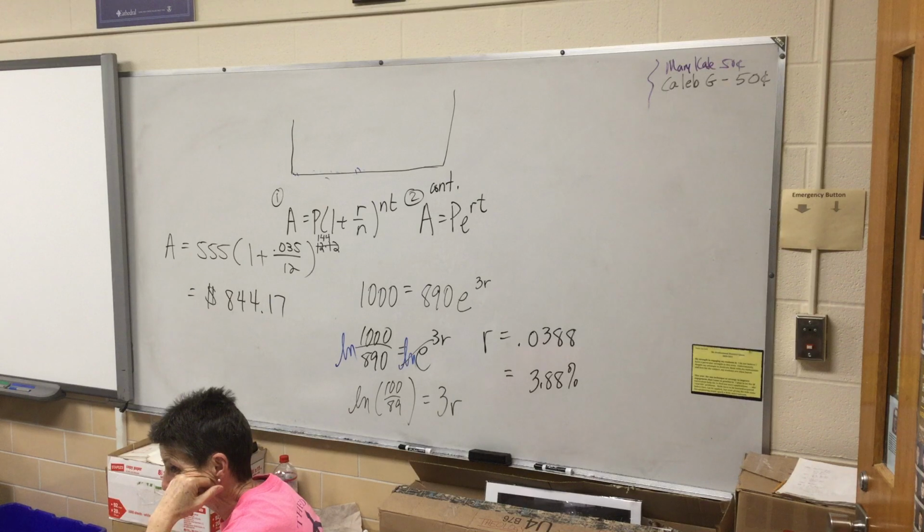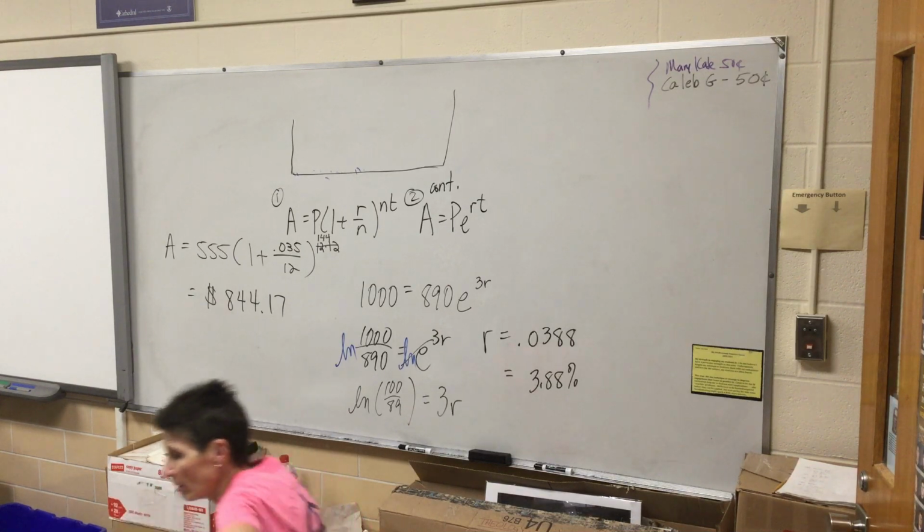Which formula? Future value, FV, or present value, PV? Which one? Present value. Carlos is paying off his truck.